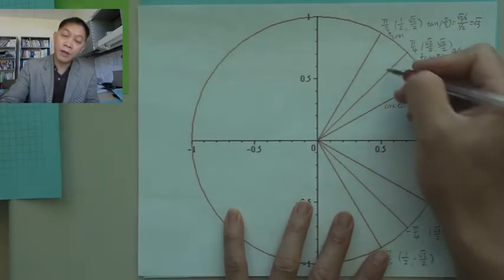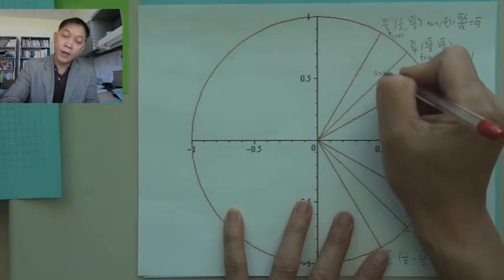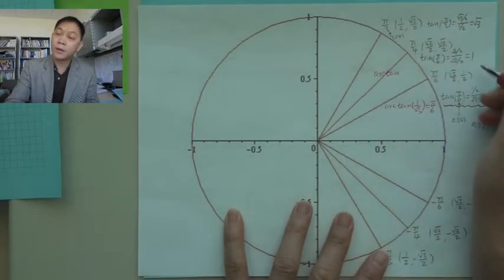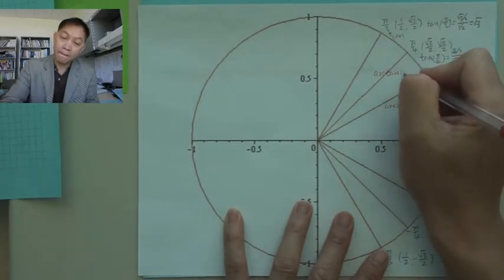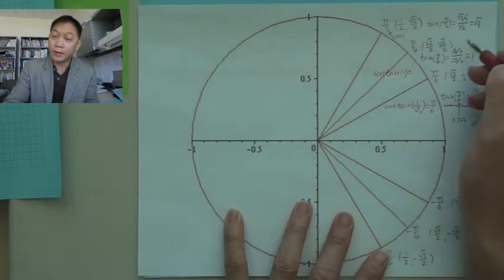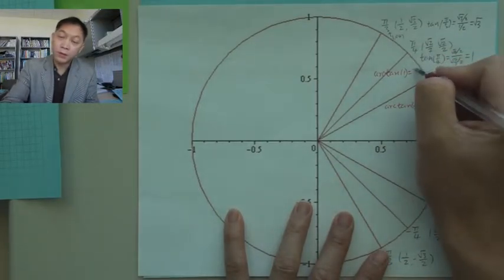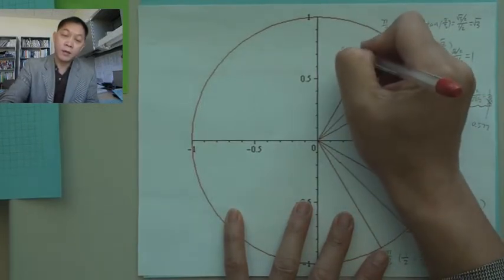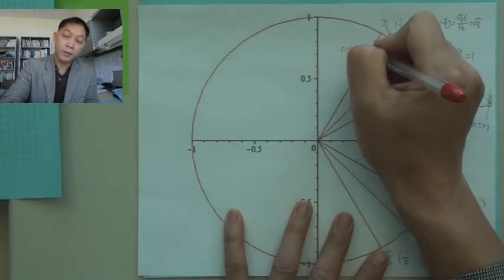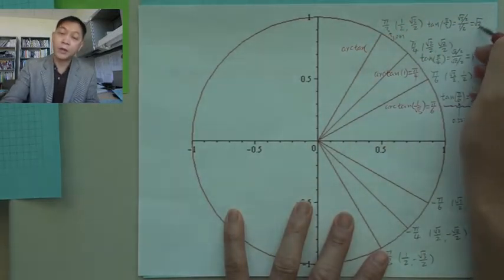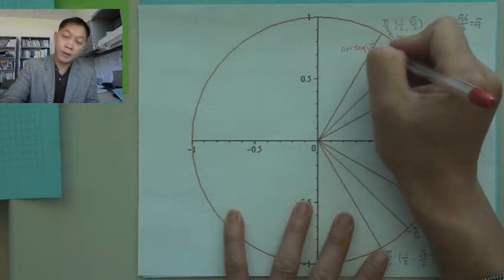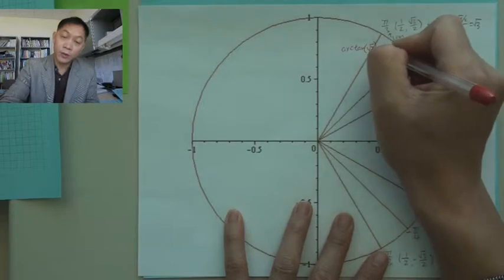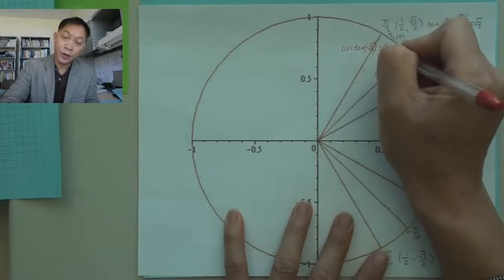And here you have arctangent of 1. So what angle do we get? Pi over 4. And here we have arctangent of radical 3. What do we get? Pi over 3.